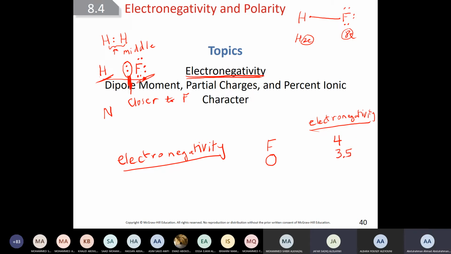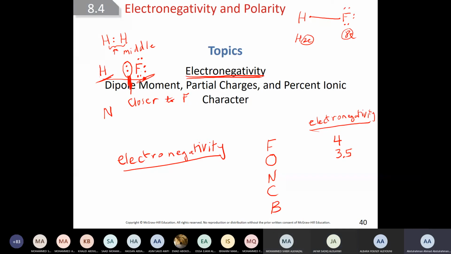Exactly. What comes before oxygen? Nitrogen. And what before nitrogen? Carbon. And before carbon? Boron.